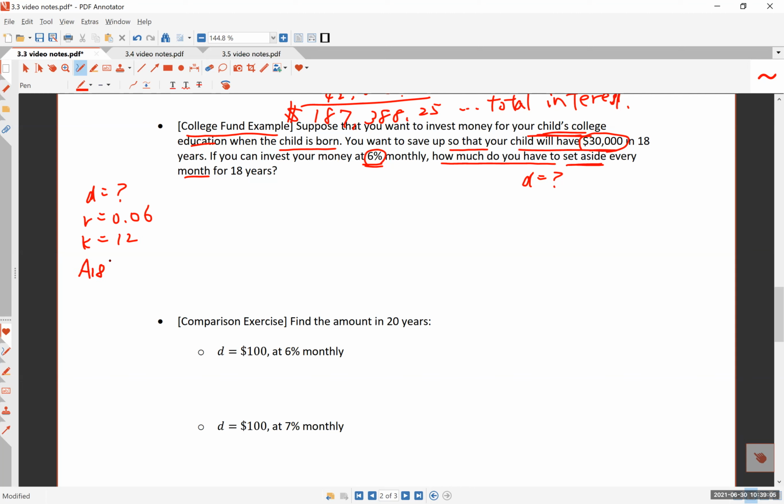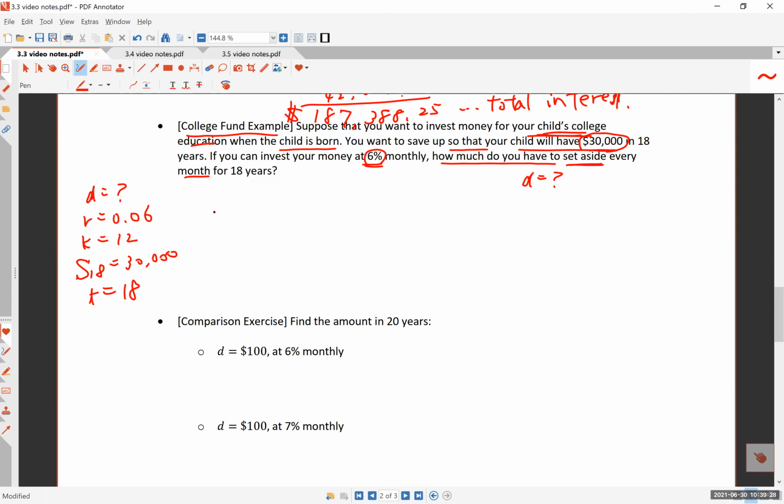You want your sum after 18 years to be 30,000. Lucky child you have. Hopefully, your child will be at age 18 interested in attending college, because that's what the money is for. And T is 18 years, right?